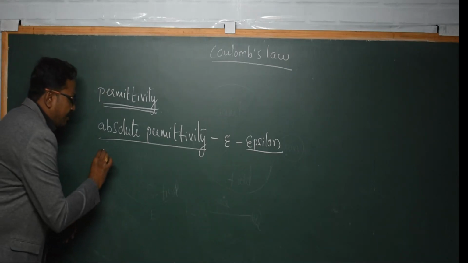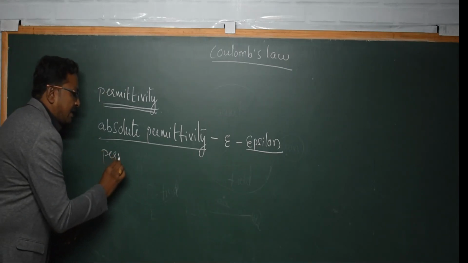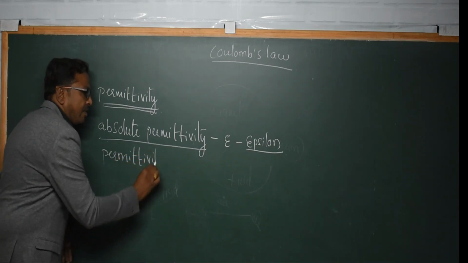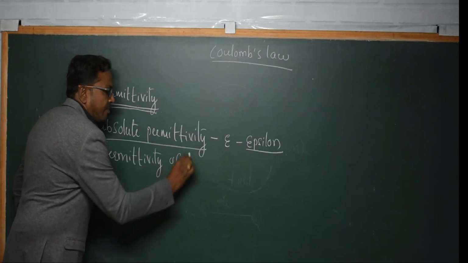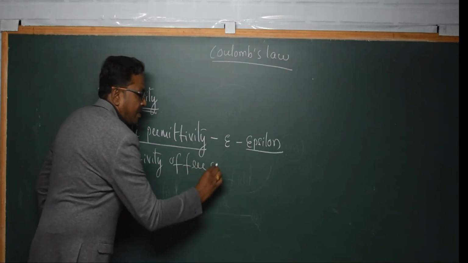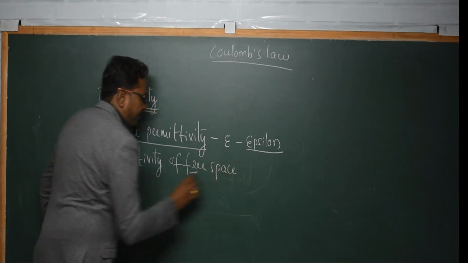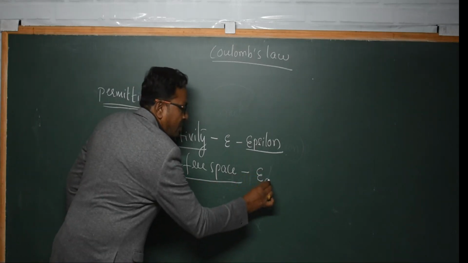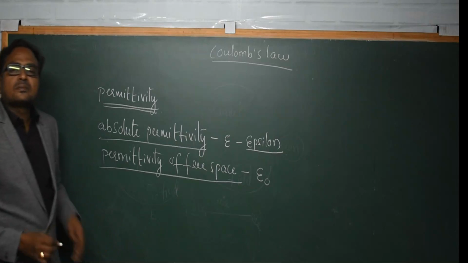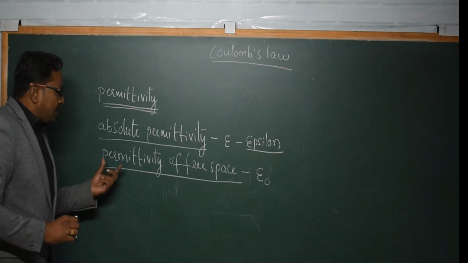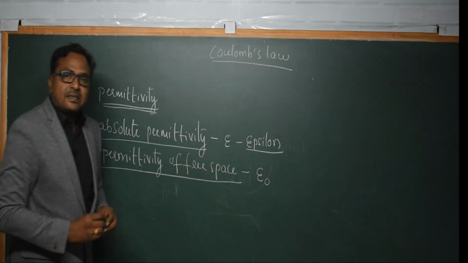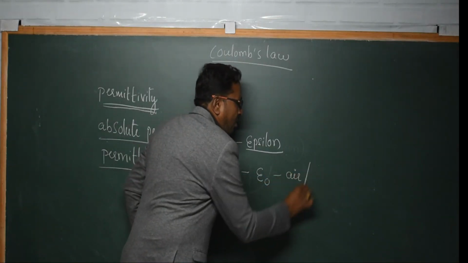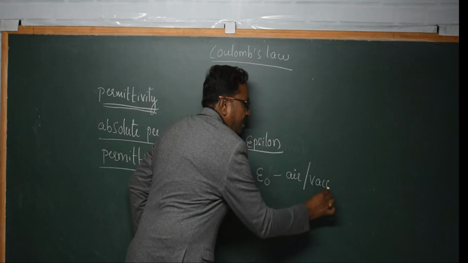Now the other term we will use in Coulomb's law is permittivity of free space, which is denoted by epsilon naught. For the permittivity of free space, the medium is either air or vacuum.